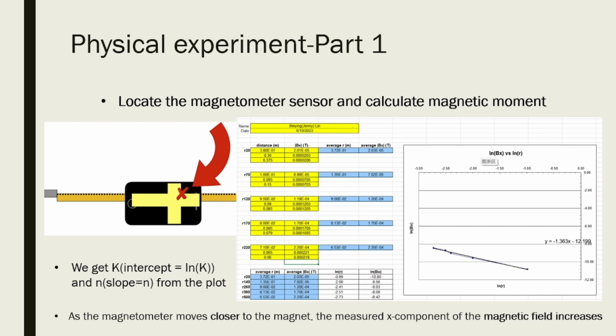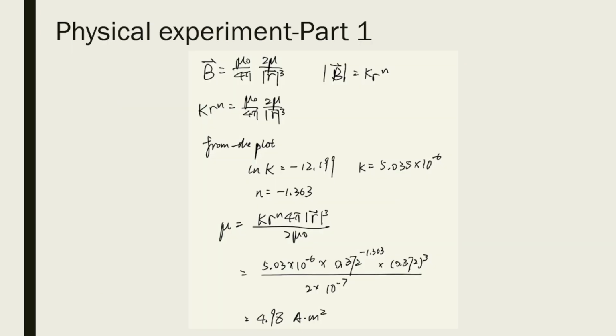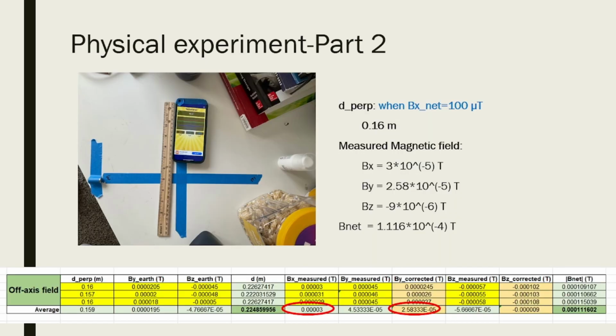The observation conclusion we made here is that as the magnetometer moves closer to the magnet, the measured X component of the magnetic field increases. With the values in the plot in the previous slide, we can calculate the value of mu, which is 4.98 ampere times meter squared in this case.